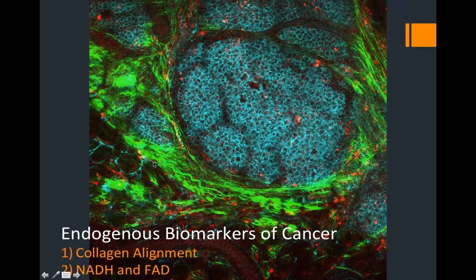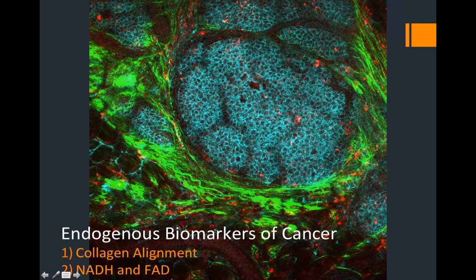But what's really compelling about this image is I'm looking at a live animal, but I'm using no artificial fluorophores or dyes, exogenous fluorophores or dyes. This is all endogenous fluorescence that we can get for free.